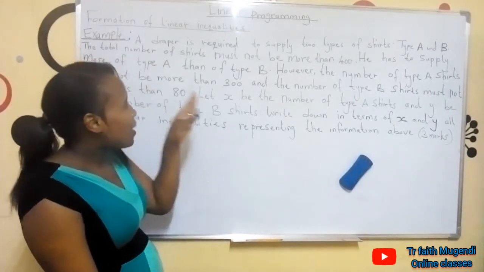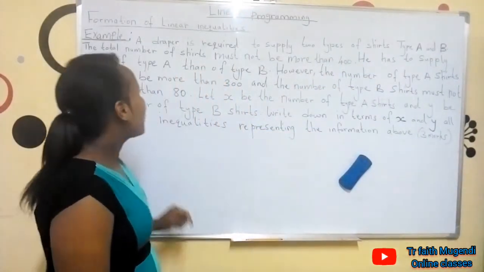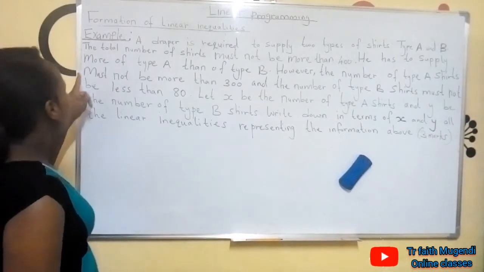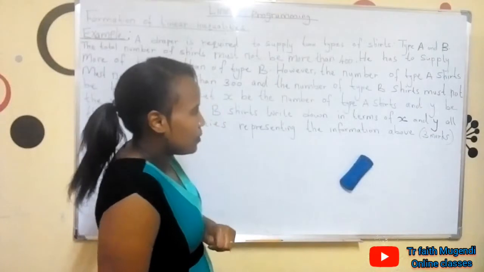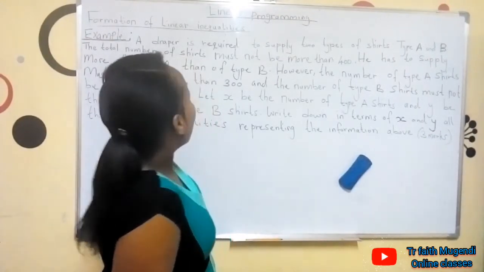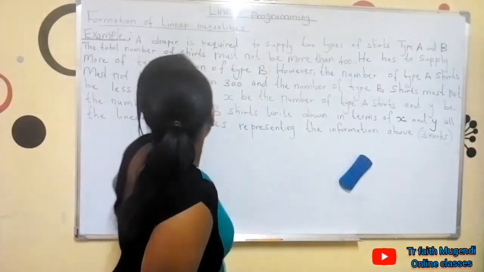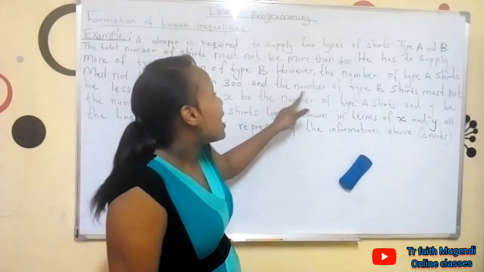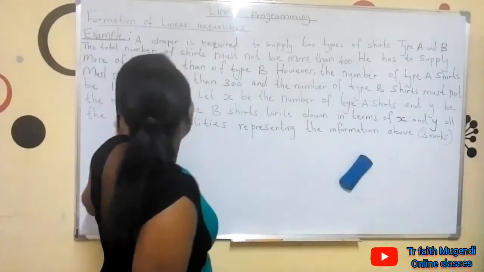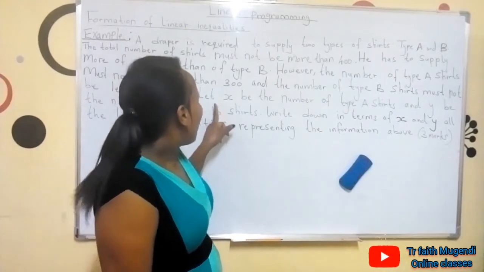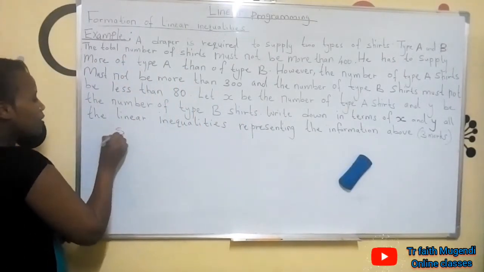So there is someone who is supposed to supply 2 types of shirt, A and B, and we are told that the total number of shirts must not be more than 400. And type A should be more than type B. However, A should not be more than 300 and B shirts not less than 80.